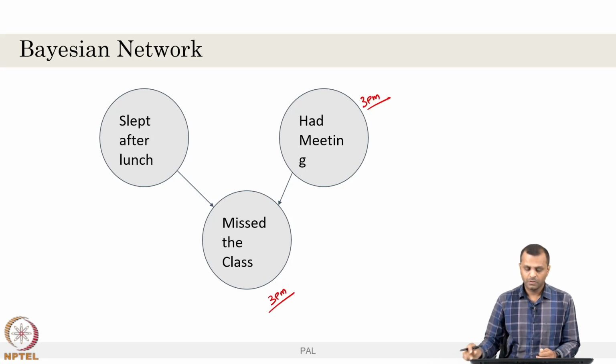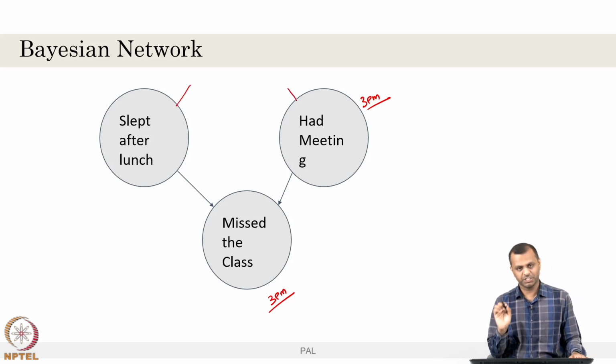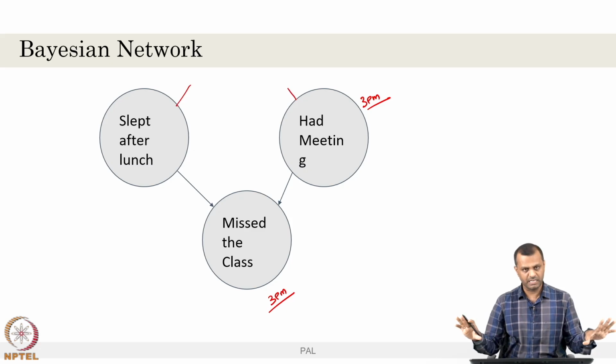Given this scenario, consider these two to have absolutely no connection. Both are independent events. For example, I decide to sleep one day irrespective of whether I have a meeting or not. Deciding to sleep is different from having a meeting.